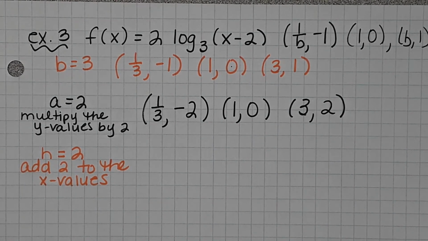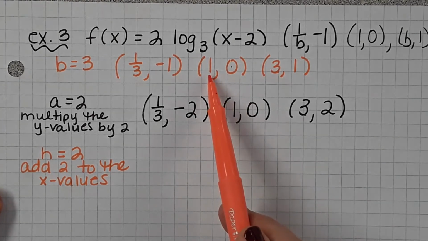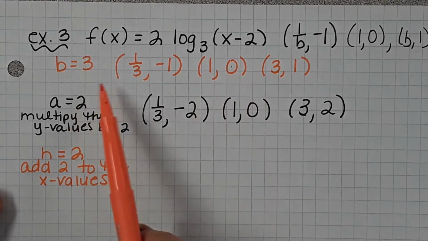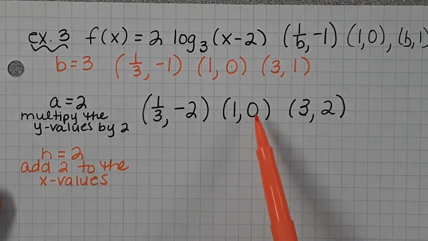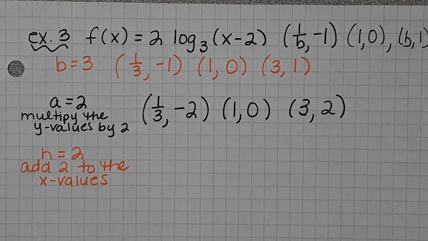How come you didn't change the 1 to 2 in the middle? Because 1 is an X and 0 is the Y. The A only affects the Y's. So 0 times 2 is 0. Now we're going to add, yes? If it was X plus 2 after the log, would you change it to negative 2? Yep, that would have been negative 2 and we would have subtracted it.